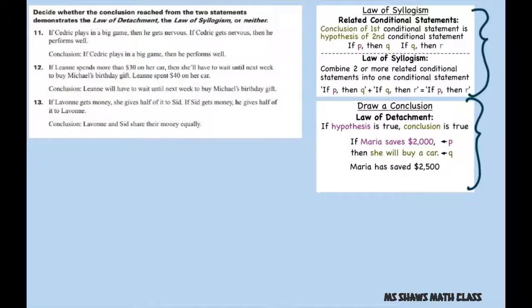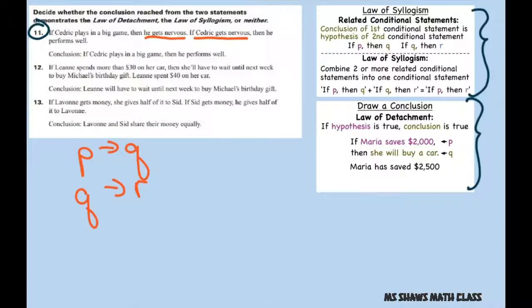If Cedric, for number 11, plays in a big game, then he gets nervous. So this is like if P, then Q. Now they're using the conclusion to rewrite it as a hypothesis. So if Q, then he performs well. So that's another conclusion.